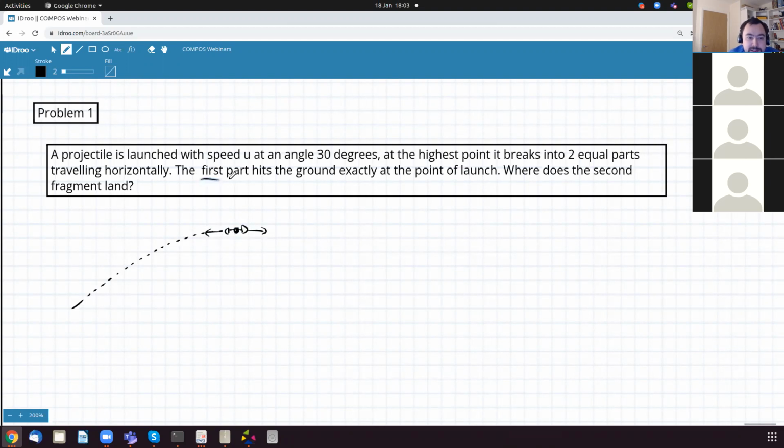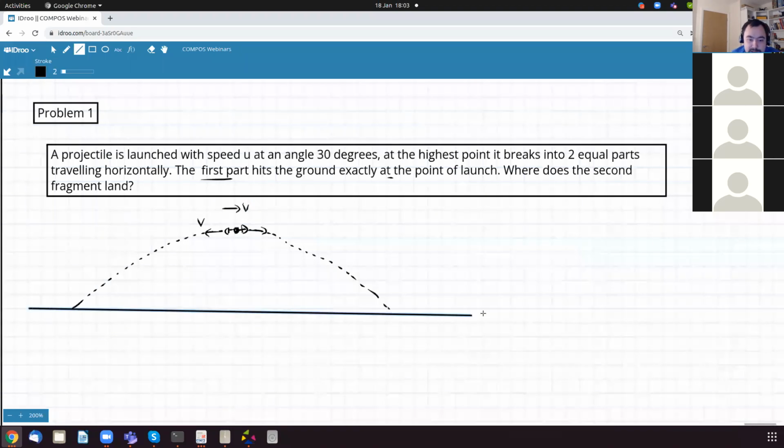Because the first part hits the ground exactly at the point of launch. So basically, if the projectile was traveling with speed v, that means this part is traveling with a speed v to the left. And if it continued traveling, it would travel like this.